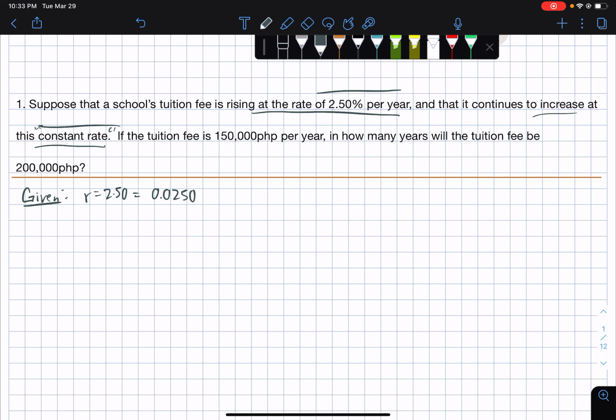Per year. So it suggests that our t is in years. It continues to increase at a constant rate. So this phrase suggests that the problem is all about appreciation. Not literally the words like appreciate.